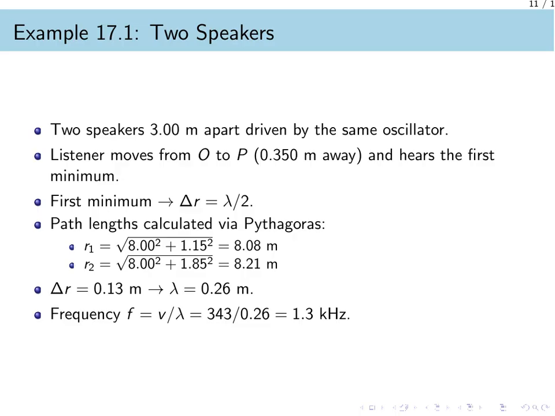By using the Pythagorean theorem, we calculate the path lengths from each speaker to the listener as 8.08 meters and 8.21 meters. The difference of 0.13 meters tells us the wavelength is 0.26 meters. Using the speed of sound, 343 meters per second, we find the oscillator frequency is 1.3 kilohertz.